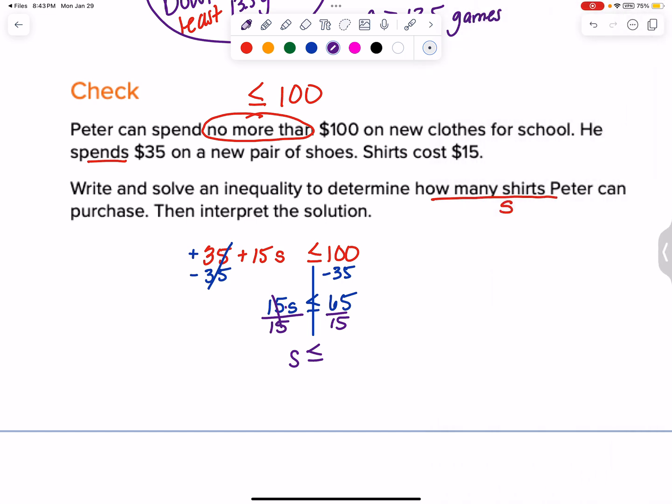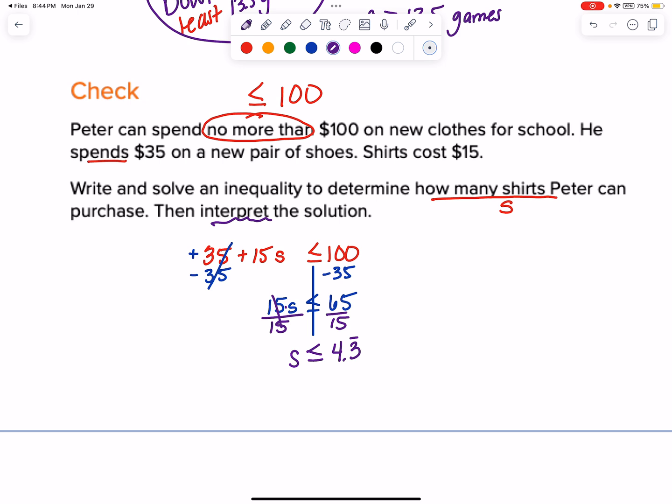Okay, so we have 4.3 repeating amount of shirts. So really, can you do 0.3 repeating of shirts? Not really. So let's interpret this in a good way here. Let's think through this.